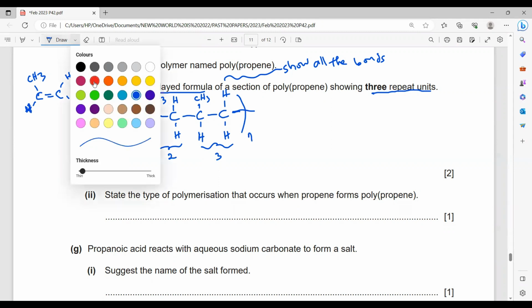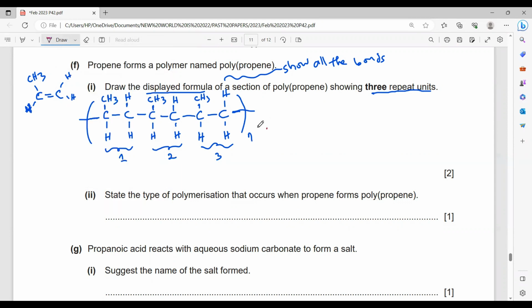Now the next thing is that sometimes they'll ask you for the structural formula. So it is imperative that you differentiate between the displayed formula and the structural formula.